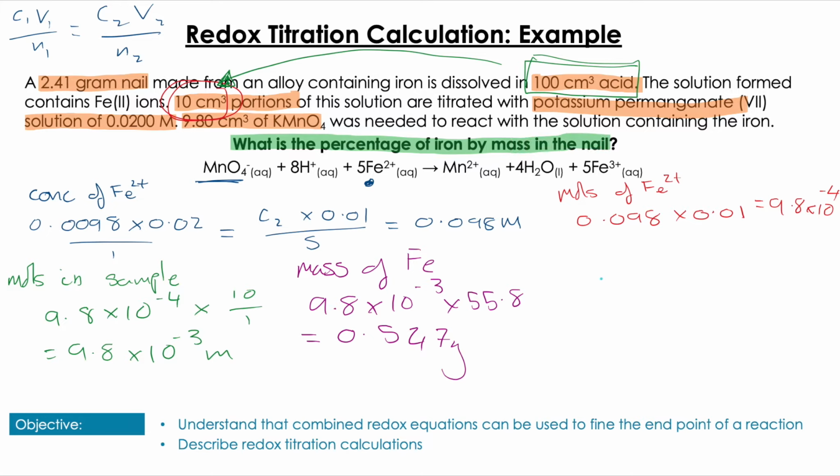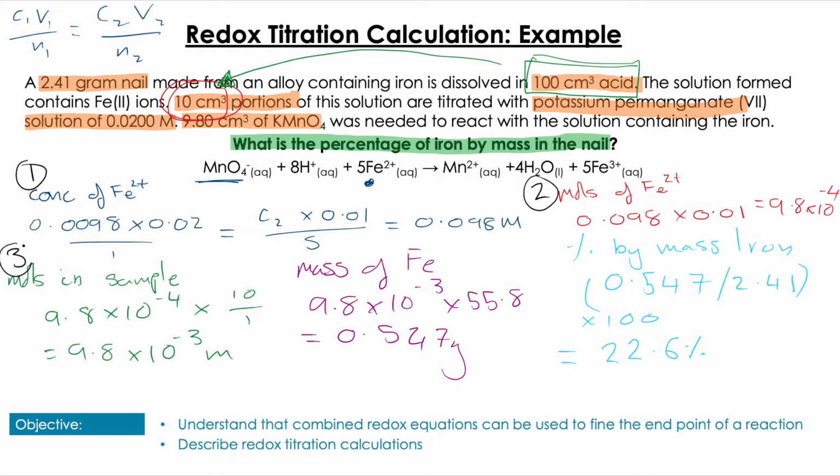What is the percentage by mass of iron in the nail? So we just need to do a percentage by mass of iron. So 0.547 divided by 2.41 multiplied by 100 is going to be equal to 22.6%.